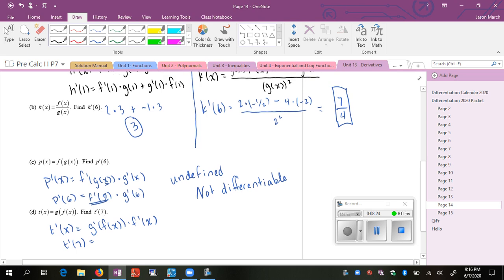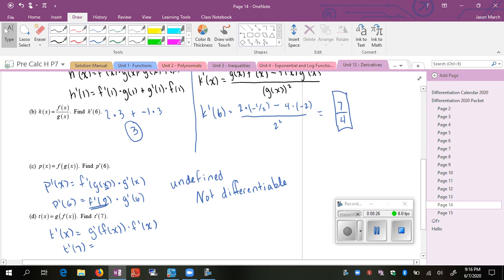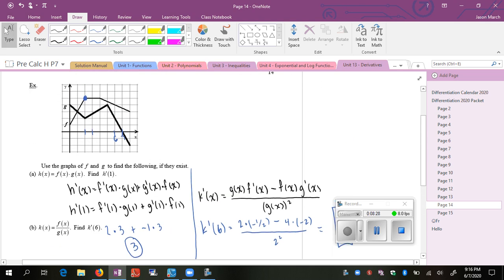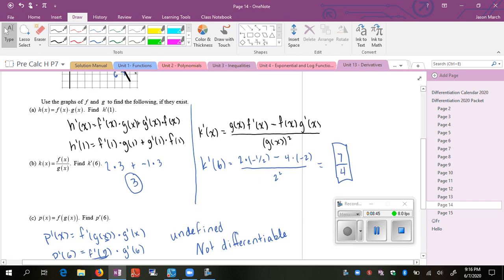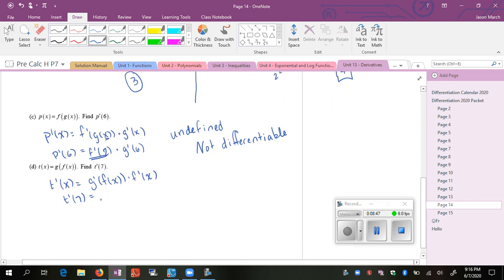Let's try T prime of 7. So G prime of F of 7, times F prime of 7. So we need to go right there. F of 7 is, looks like, 1, 2, 3.5. So we are looking at G prime of 3.5 times F prime of 7.